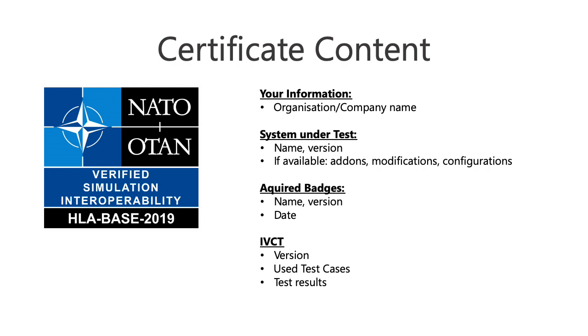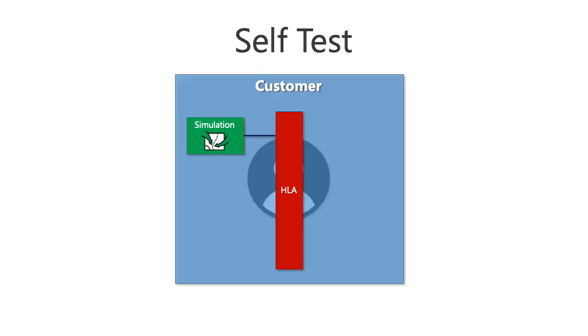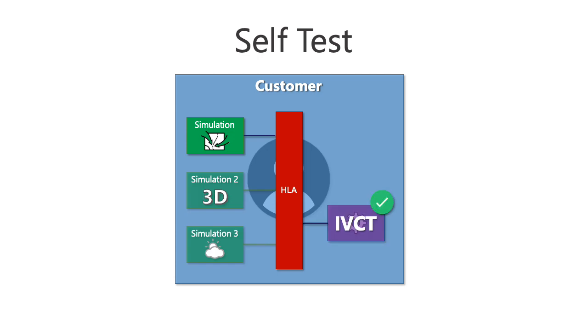So the certification process starts with the self-test. What is the self-test? You are the customer and you have a federate that you want to certify to some badges. Then the first thing you have to do is test the thing yourself. So you're building a testing environment at your own facilities.